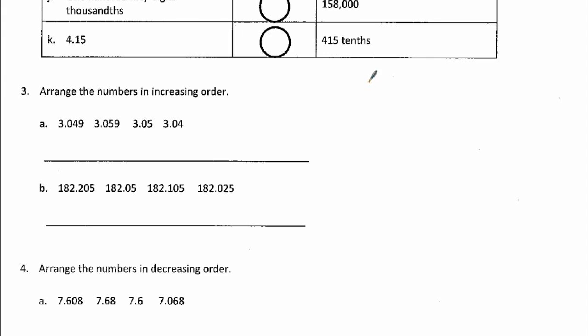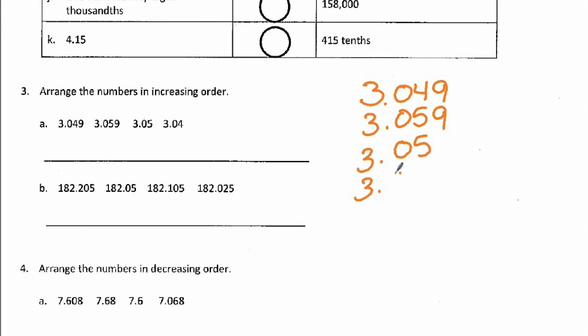Sure. You could write the numbers on top of each other. So if we go in increasing order, that means we're going to start with the smallest number and get bigger.